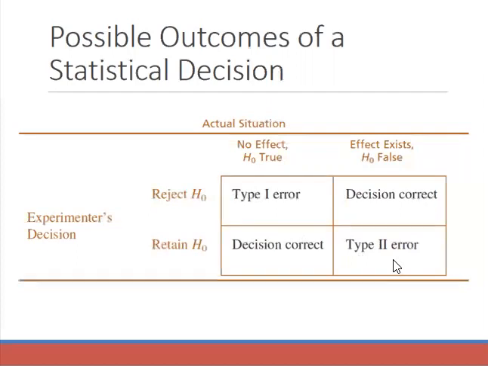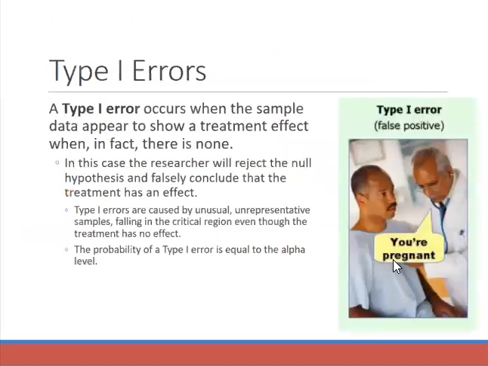So we've said, yeah, we don't have enough evidence to conclude that there's an effect, but actually there was an effect that we missed. Okay, so type 1 error again is when you reject the null hypothesis, but in fact there actually isn't a difference. So maybe you selected an unusual sample that scored really high or really low.